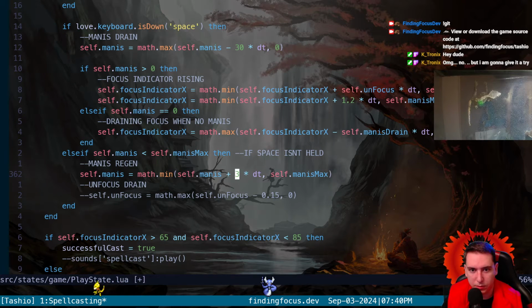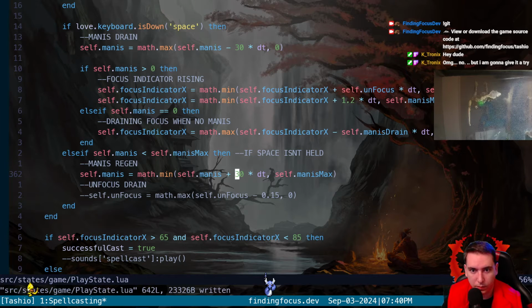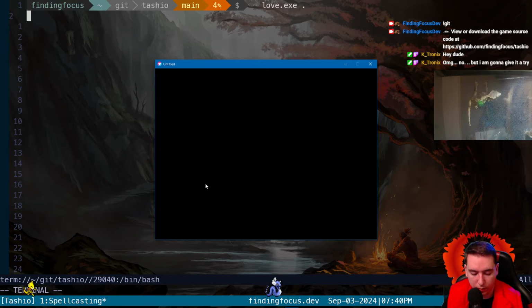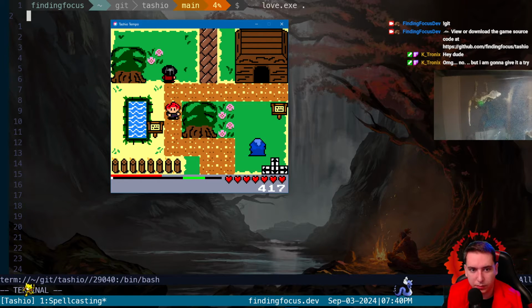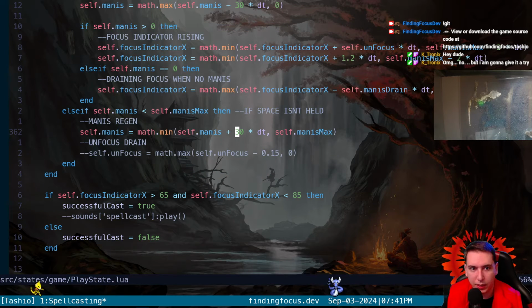Oh, because we need to scale this by the same amount. Okay, let's see. Okay. So at least it's draining and it's filling back up. Now this should be frame rate independent, but our focus indicator is still not moving.